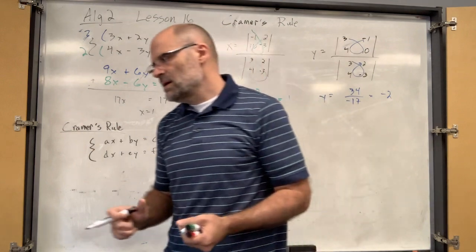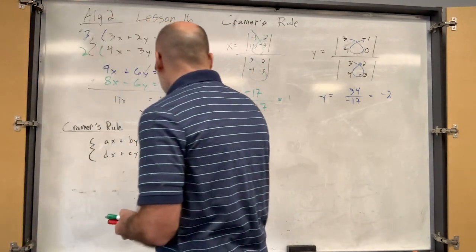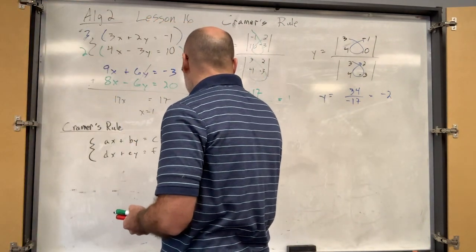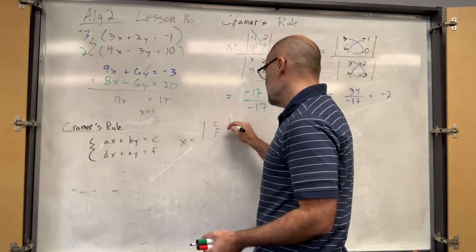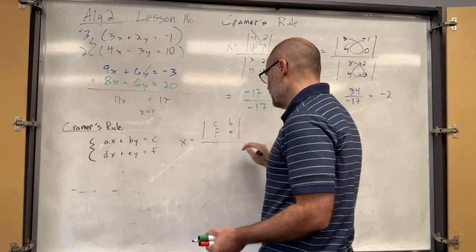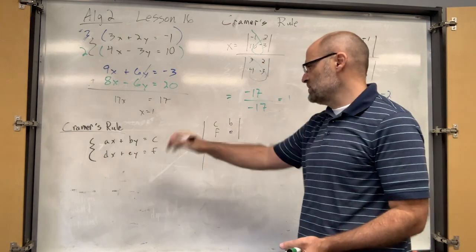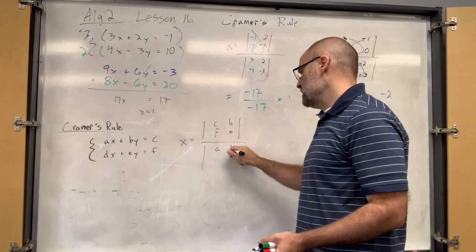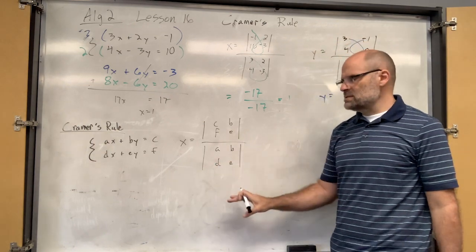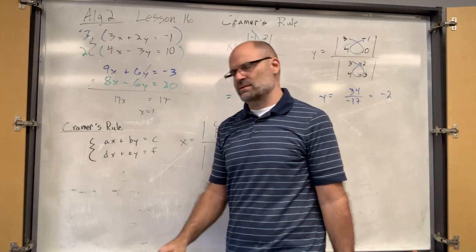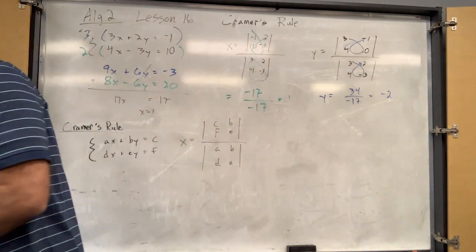Okay. So Cramer's rule says this: you can find x by doing this: C, F, B, E, all over the determinant of the matrix A, B, D, E. So see, this bottom matrix is always just the coefficients, and that never changes.